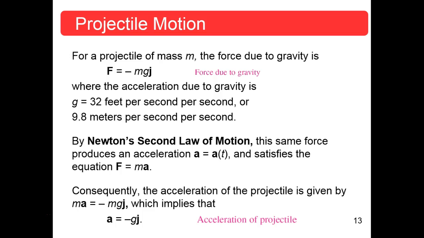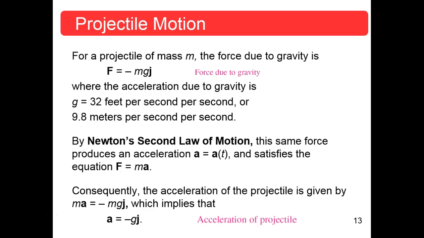And those are the values on the surface of the Earth. By Newton's second law, that same force produces an acceleration, which is a function of time, and satisfies this equation here. Okay? Now, consequently, the acceleration of the projectile is given by ma equals minus mgj, okay, which means a is minus gj.